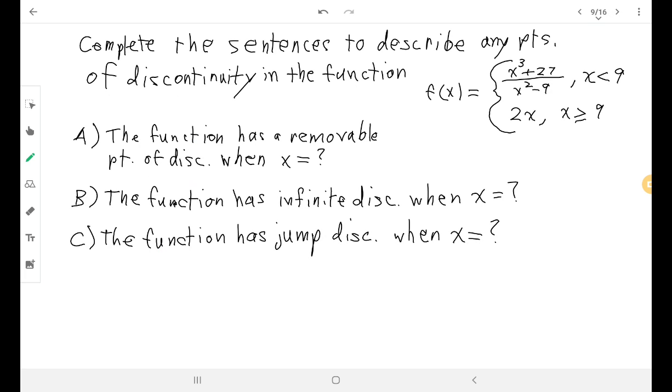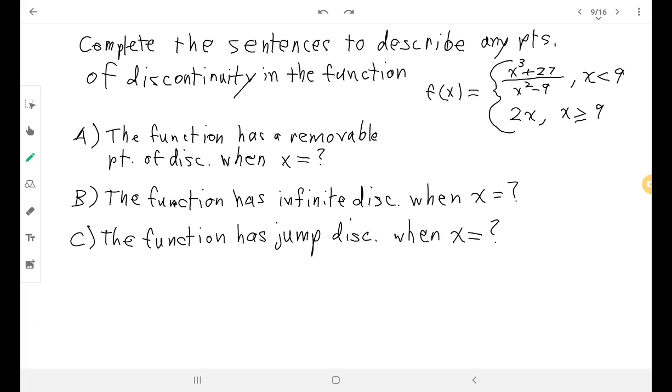Complete the sentences to describe any points of discontinuity in the function. Okay, so now we're being given just equations, functions, and we've got a piecewise function here, an f of x, where certain expressions are describing certain parts of it. And we've got something weird going on at 9.